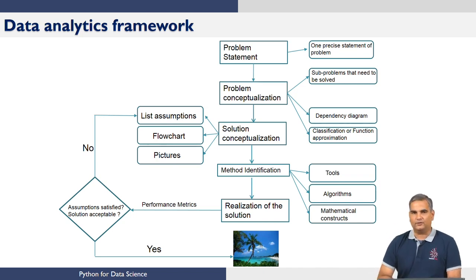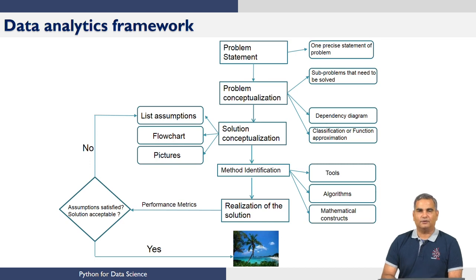Again, in this course we are going to simply look at a couple of tools and run those tools on this data set, and then judge which tool is better based on just the outcomes in terms of the prediction error or the confusion matrix and so on. Once you do that method identification, you have to realize that solution in some platform of choice.